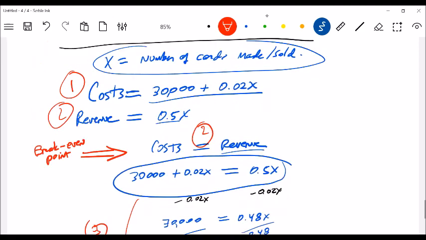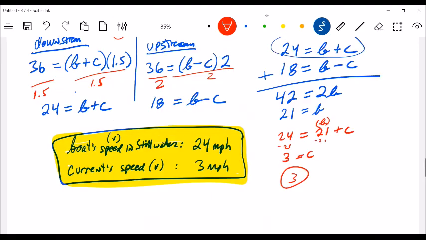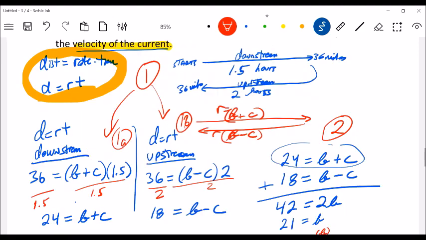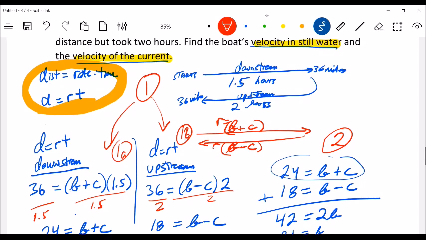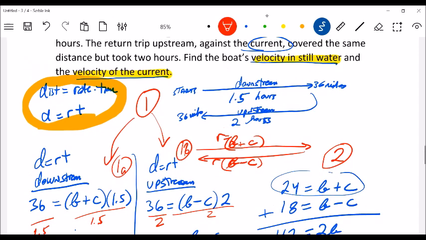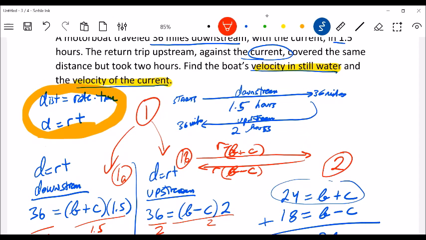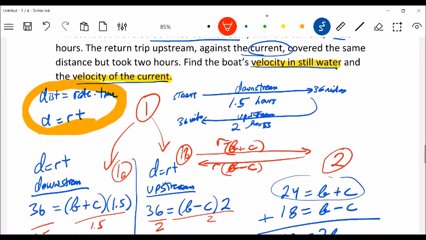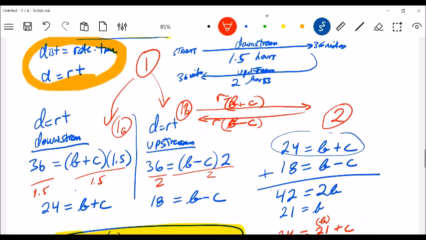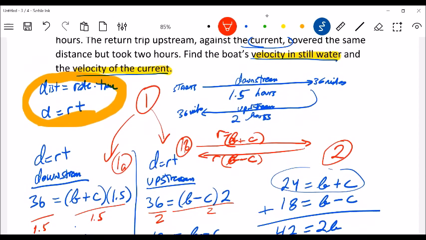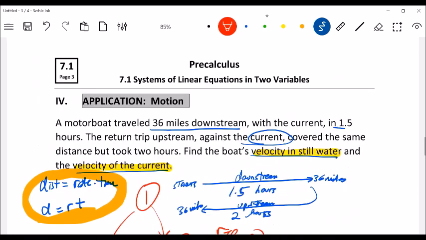So in this problem, you were making the two things equal to each other. In the boat problem, we had two equations based on the velocity of the boat plus the current, or taking away the current, the amount being lowered because of the current.